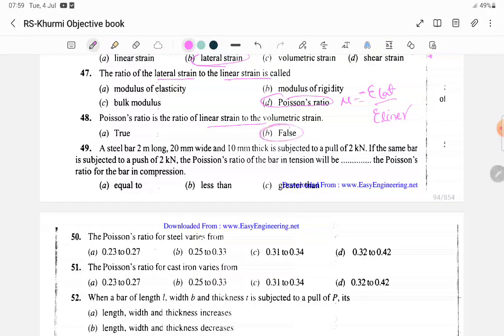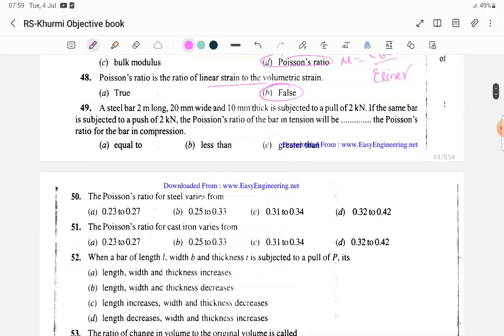So 48 is B. A steel bar of given length, width and thickness is subject to a pull. If the same bar is subject to a push of the same amount, the Poisson's ratio of the bar in tension will be the same as the Poisson's ratio of the bar in compression.